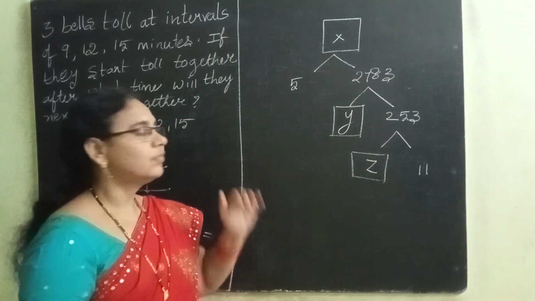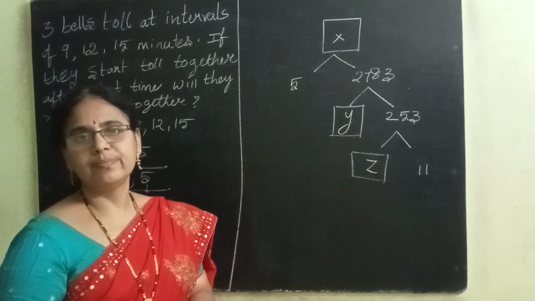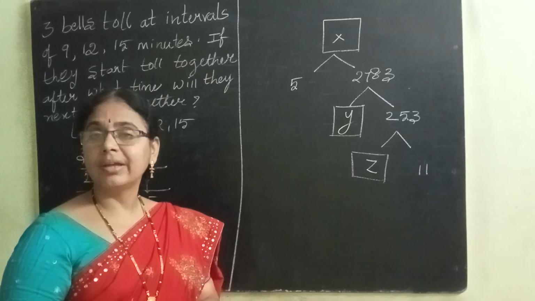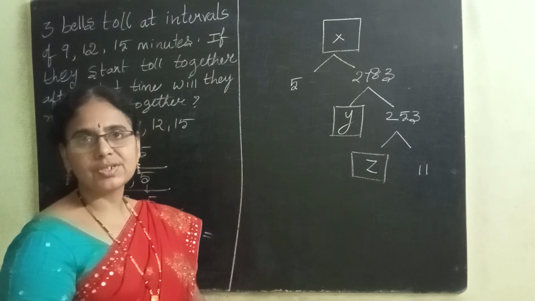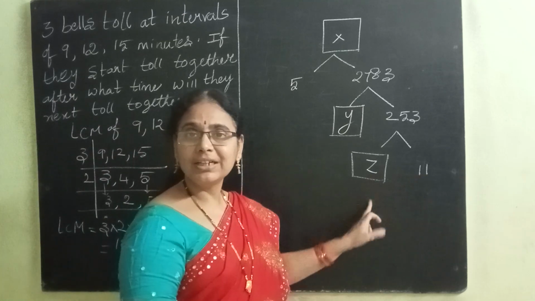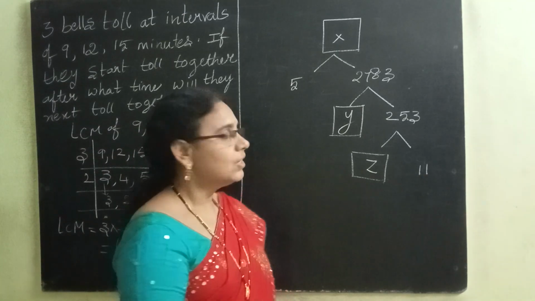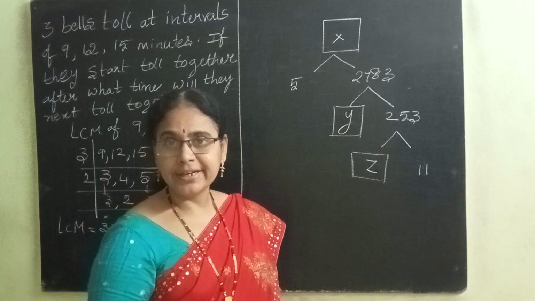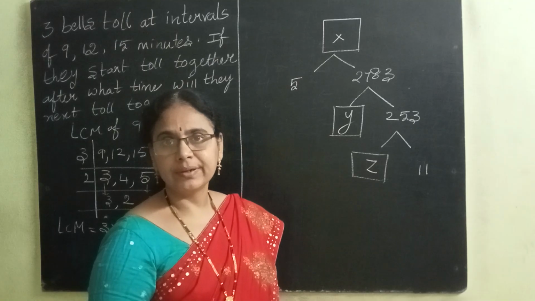I want the values of x, y, z. See, it's a factor tree. Even in lower classes you learn factor trees. Same like that here also, it's prime factorization. 11 is multiplied by which number to get 253? Do you have any idea how to find it?